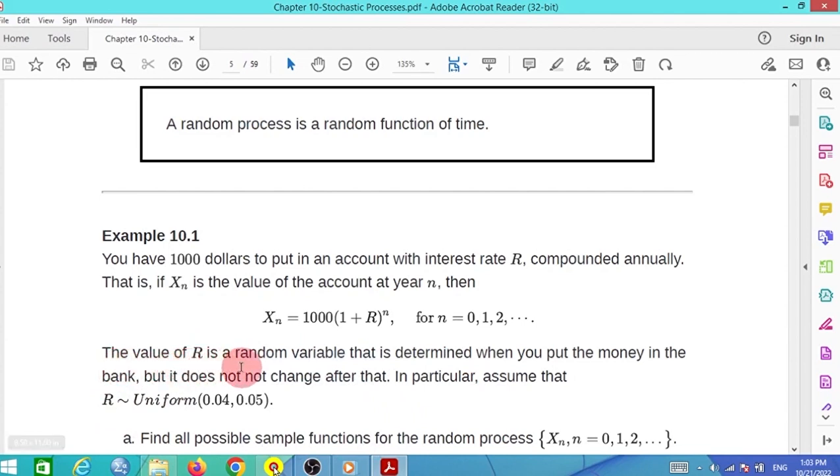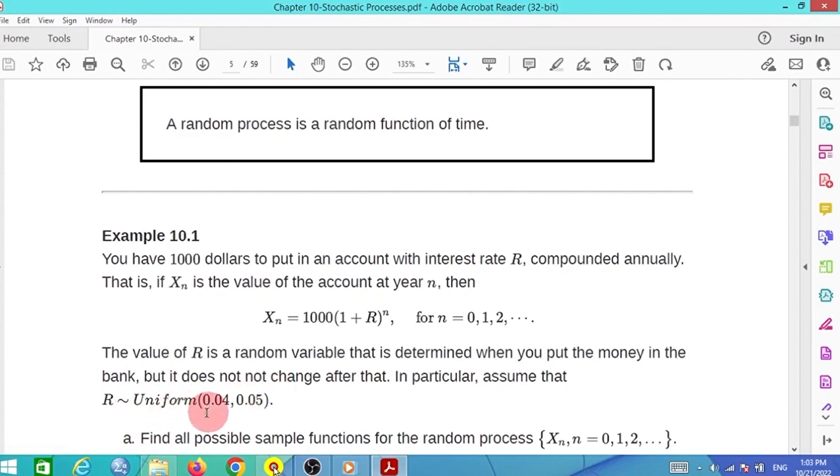The value of R is a random variable at the time that you put the money in the bank, but it does not change after. In particular, suppose R has a uniform distribution over this interval.